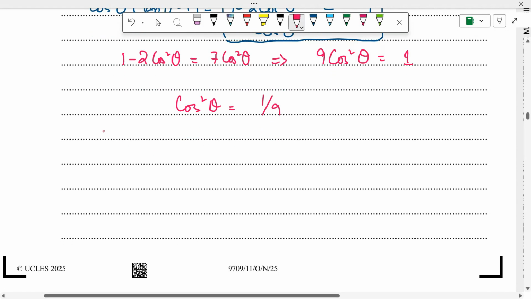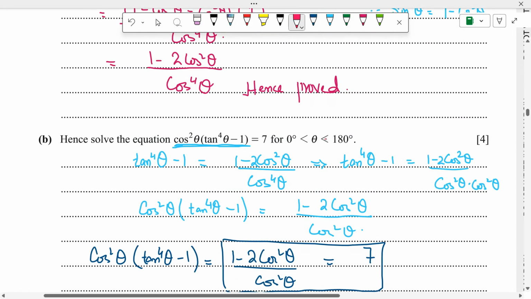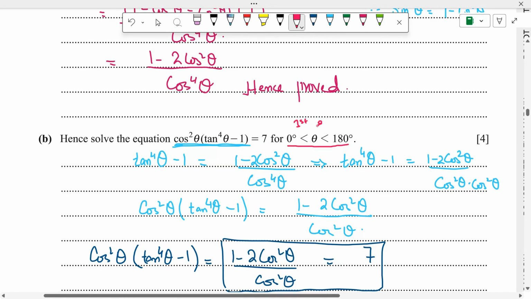So we can say that cos theta is equal to plus or minus 1 over 3. We need to find the value of theta, and theta should lie in the first and second quadrant.